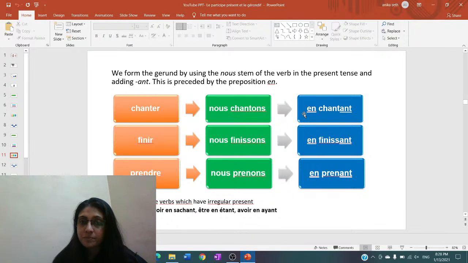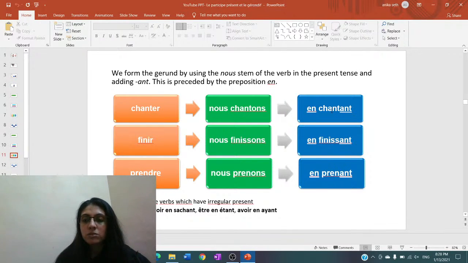So, while is the translation, like in English we would say while. So, en as the preposition has to be there, followed by the present participle of the verb.